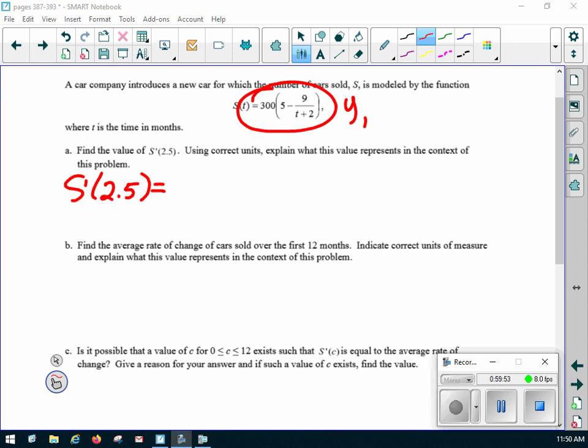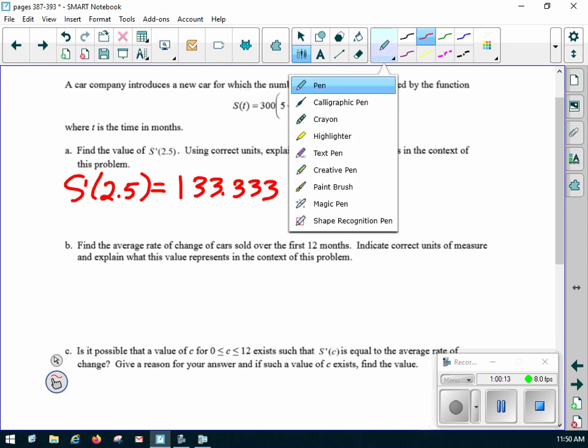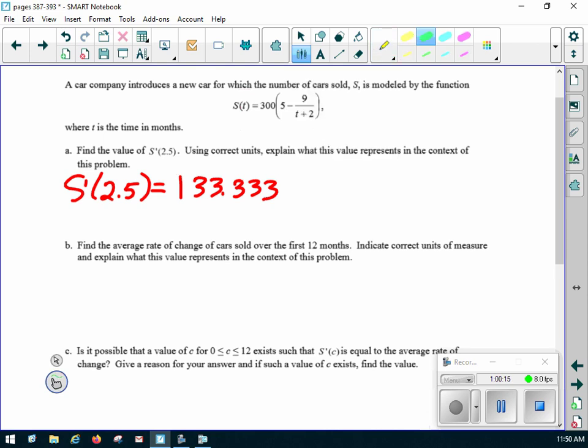Anybody getting a number? Okay, 133.333. Using correct units, explain what this value represents in the context of the problem. Look right here. This is the number of new cars sold, and the time is in months.